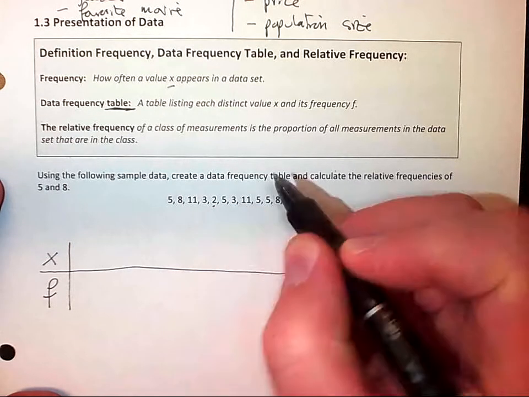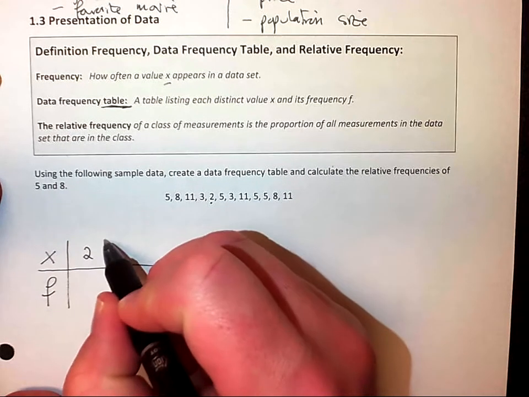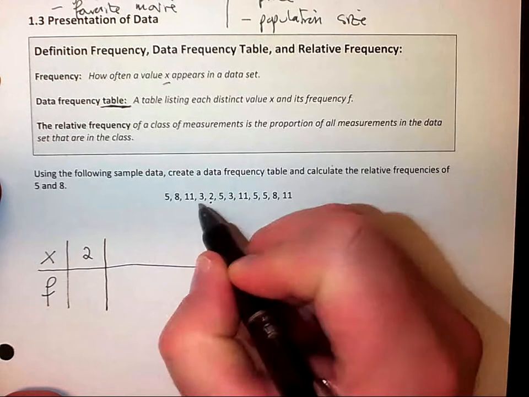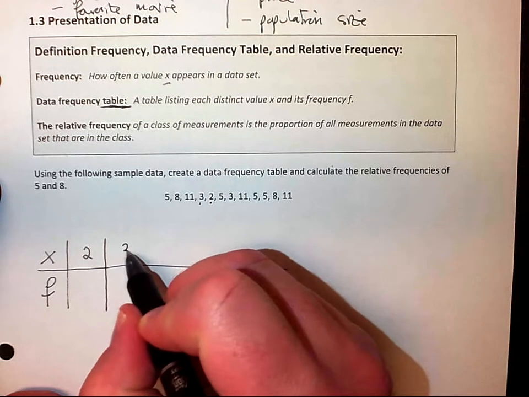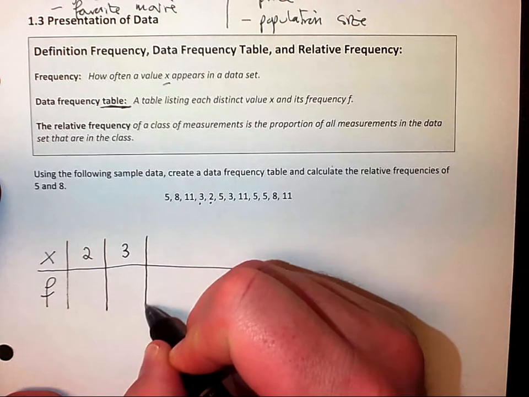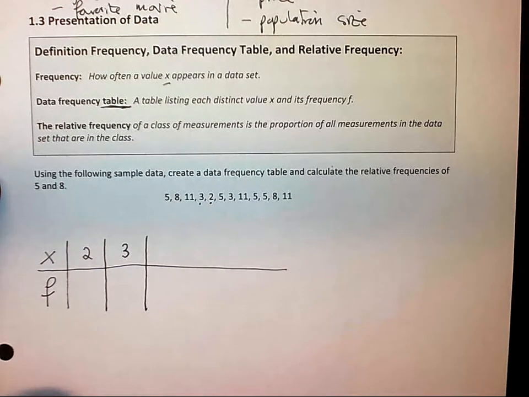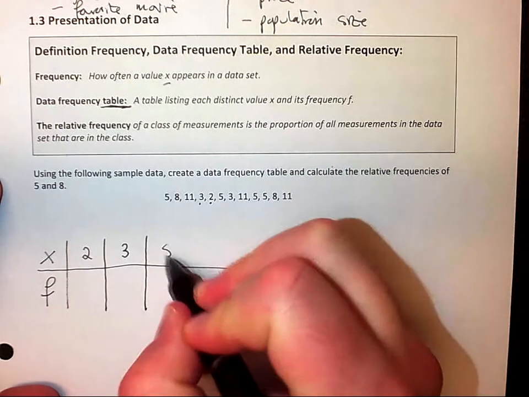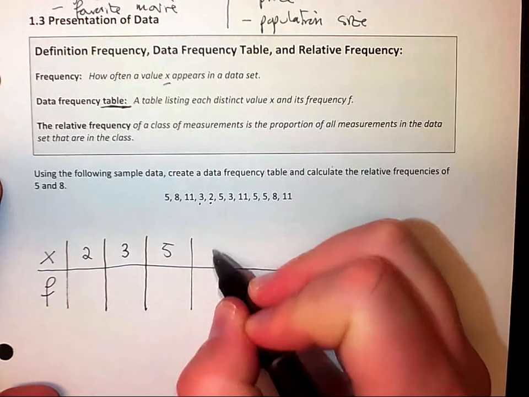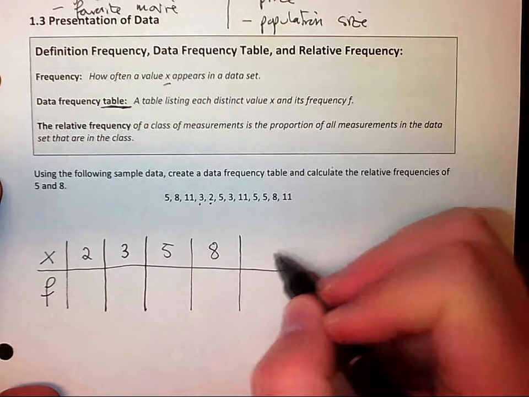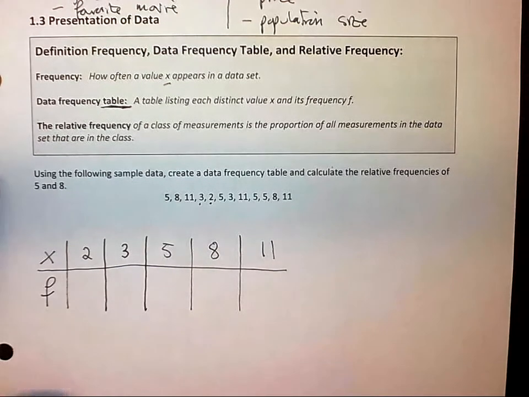Well, we definitely have a 2. So 2 could be a value that we have for x. We also have the number 3, so 3 is going to be a possible value of x. What other possible values of x do we have? 5. What else? 8. 11.